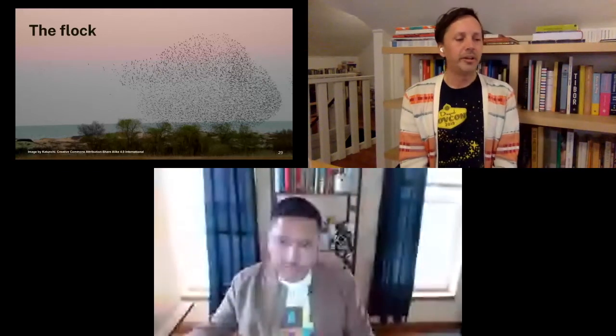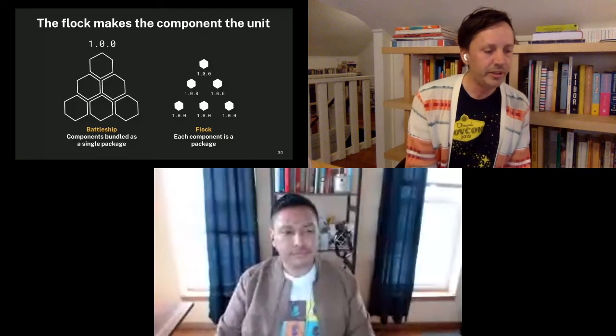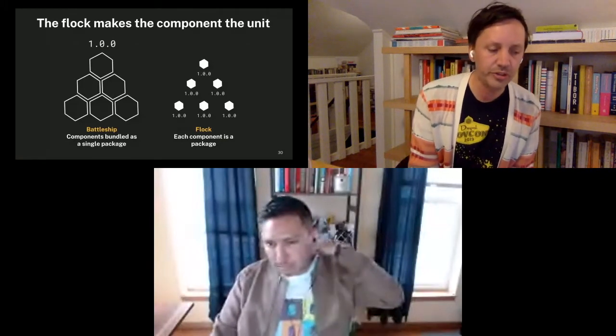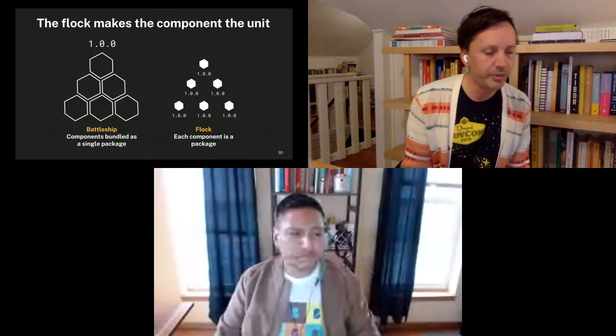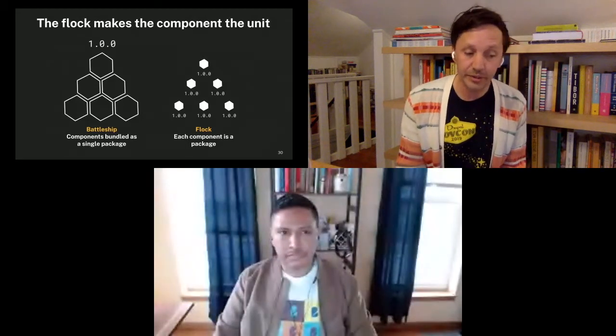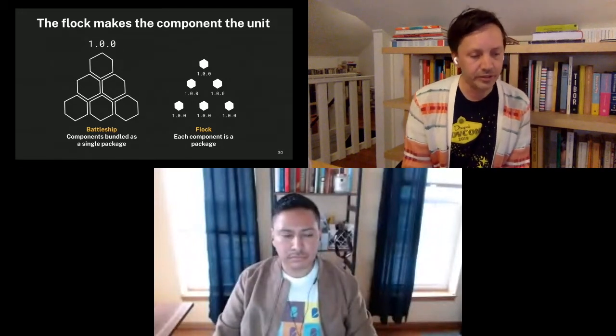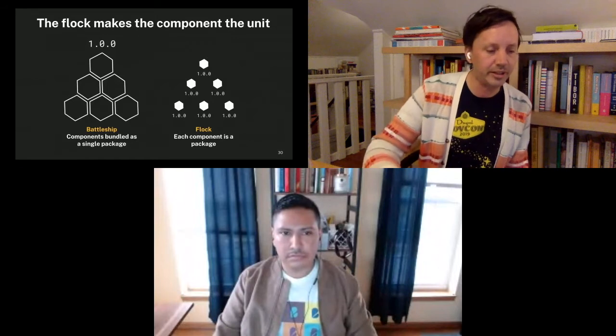In the flock model, the component becomes the fundamental unit of the design system. And each USWDS component is its own official NPM package with its own semantic version history and its own dependencies. Now, there could, and there definitely would, still be an omnibus package like the current USWDS package.